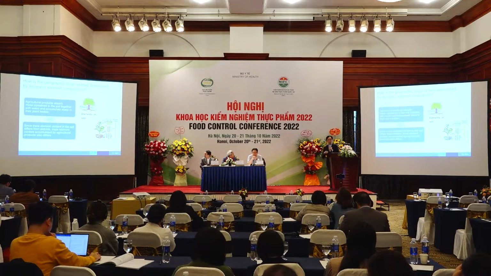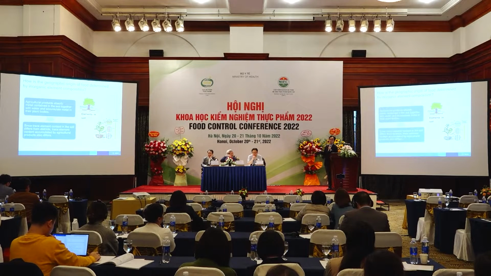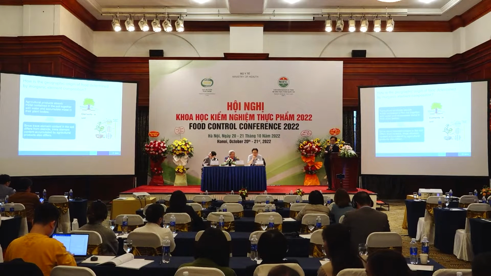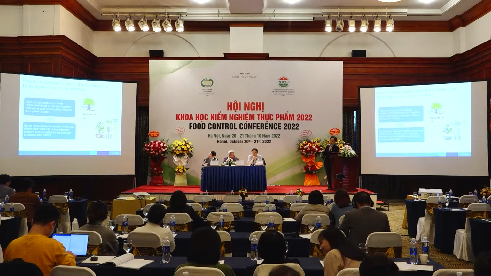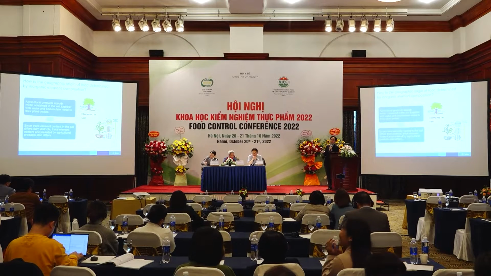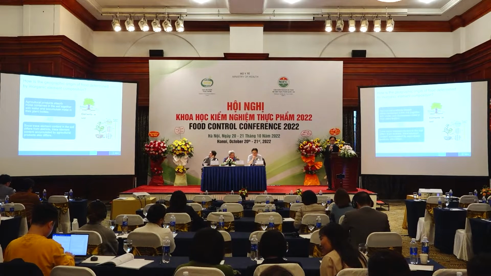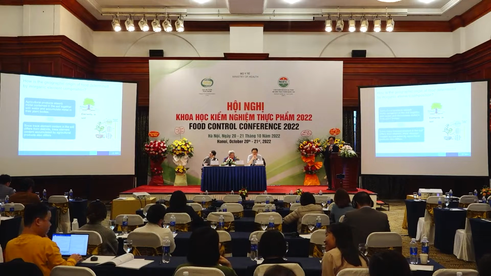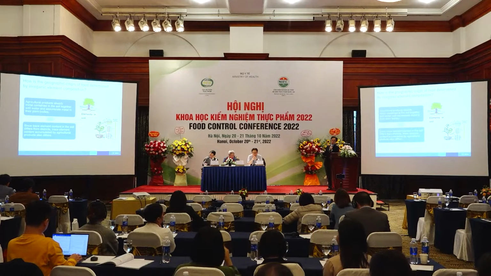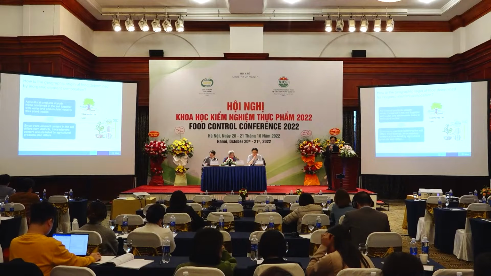The previous presenters have talked about how these elements can be absorbed into plants, like the earlier presentation about arsenic. So we know that elements can be absorbed into plants, depending on the climate at that point of time, the irrigation, and the type of soil.